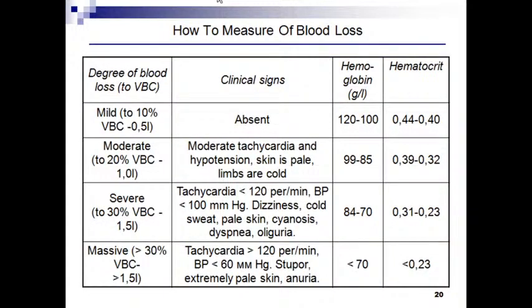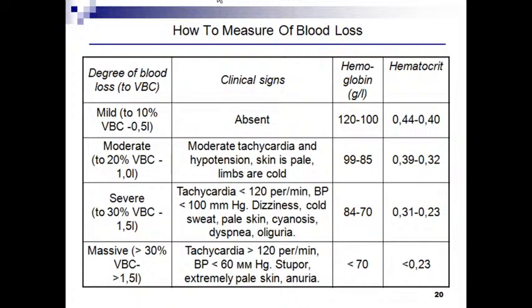Another method of clinical laboratory measurement of blood loss is a combined method, considering level of hemoglobin and hematocrit. We can consider presence of clinical symptoms and laboratory tests.